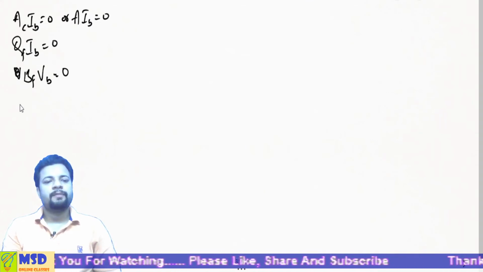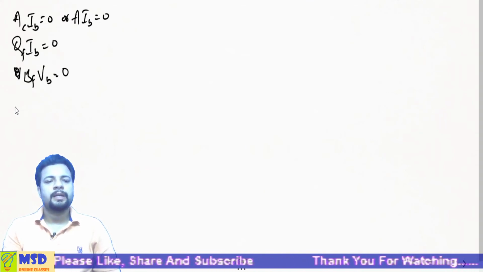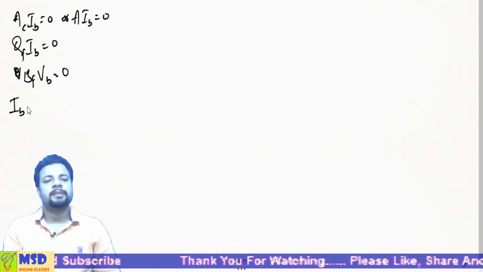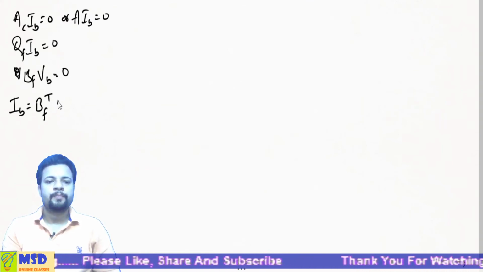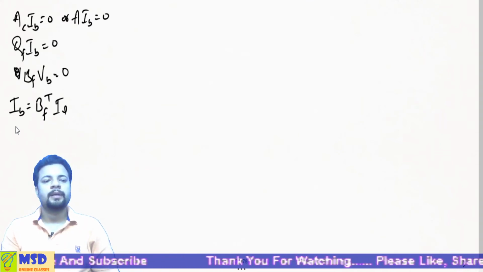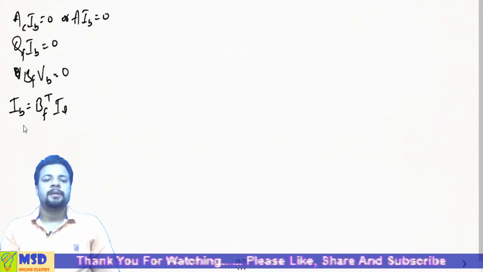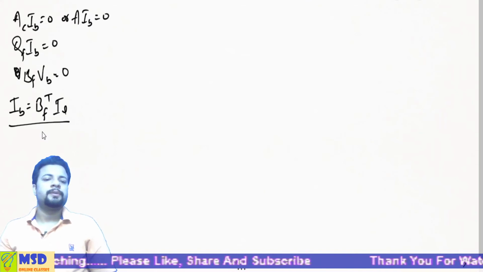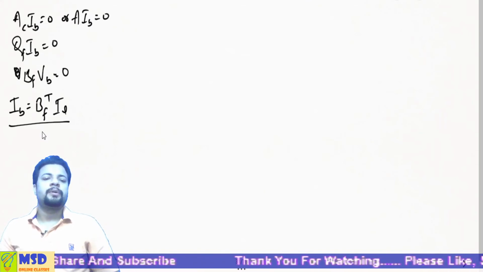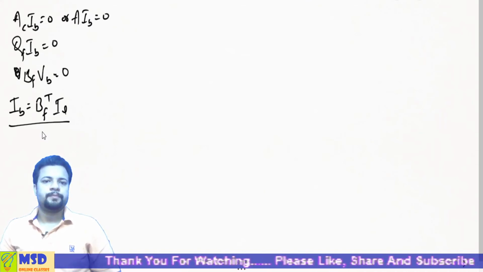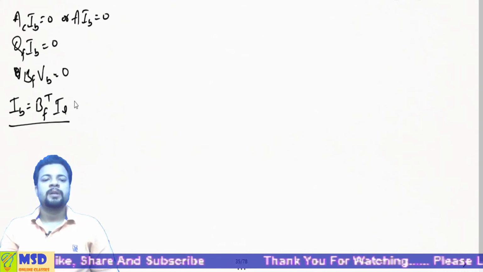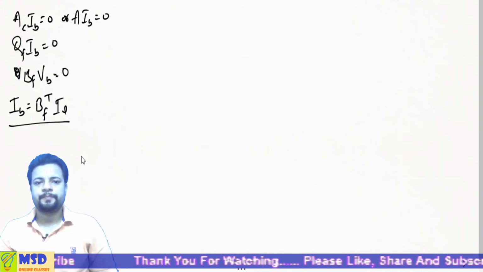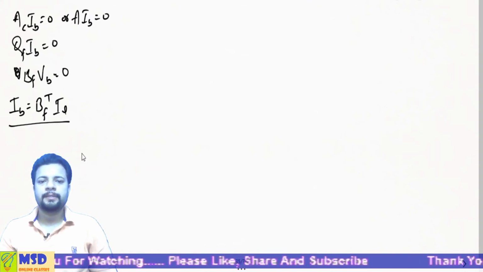We have derived one more relation now, that is IB is equal to B_F transpose into IL. This in literature is known as the loop transformation equation. In some books you will find it known as the loop transformation equation. I hope I am clear.